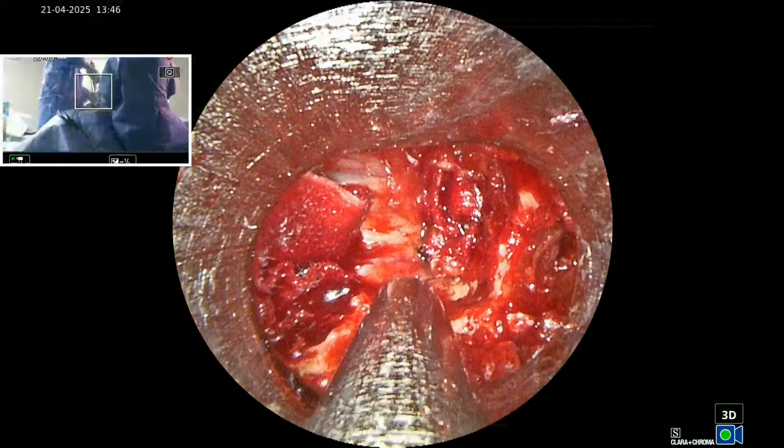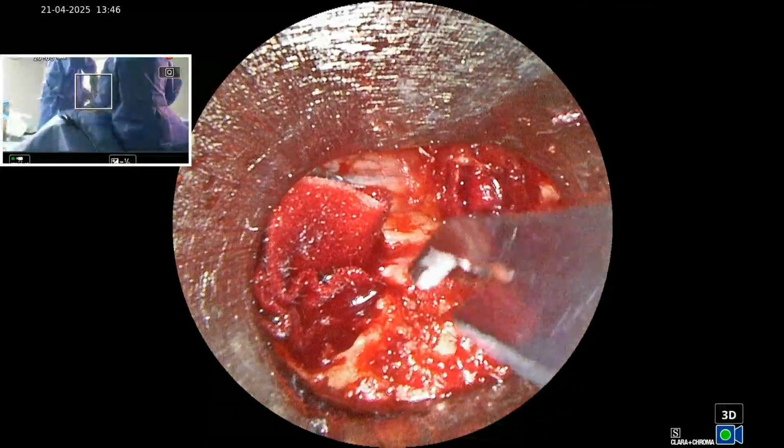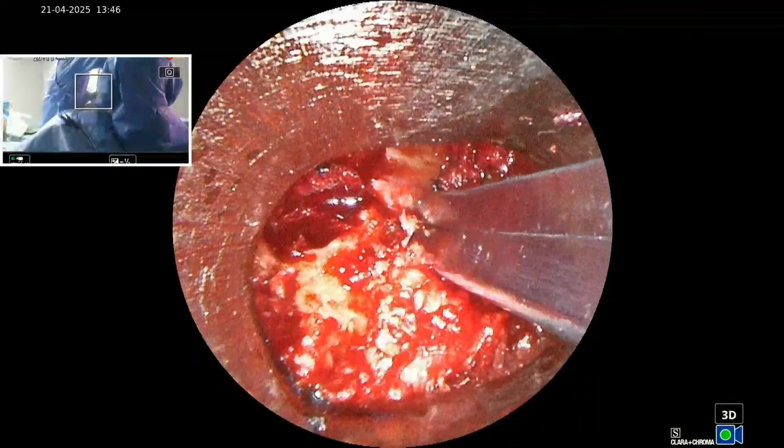Yes, now very nice bite at the shoulder of the nerve root.